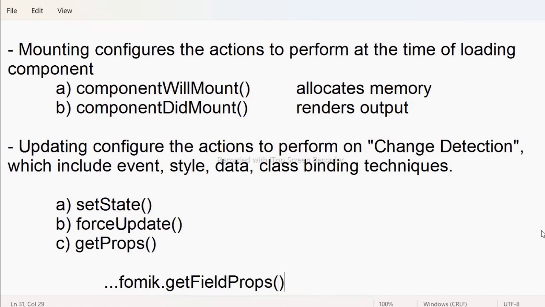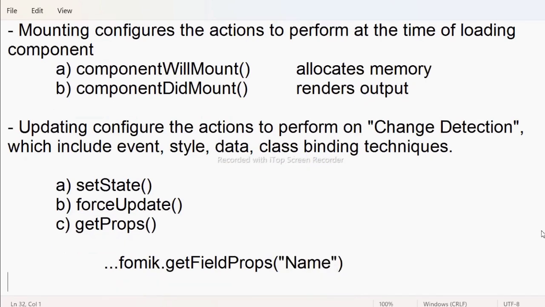We saw this now. What this get field properties is doing? That means it is identifying the changes in that particular field. That means what value you entered, what changes you are doing are valid or not. Everything is managed by this get field properties.